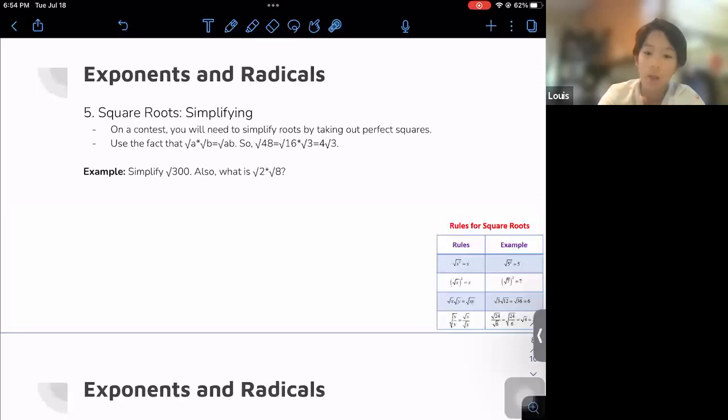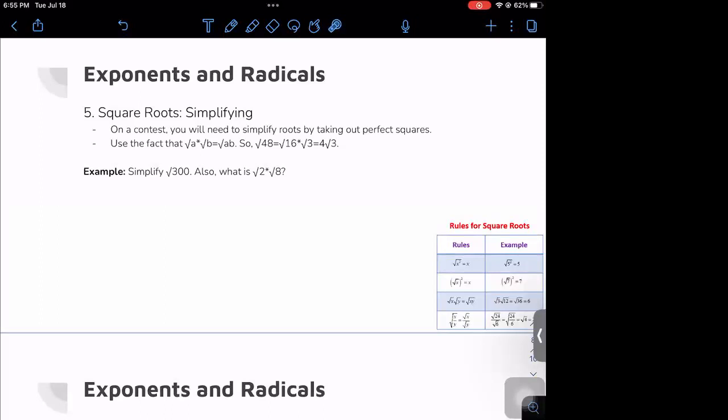Okay, does anyone want to share the solution for this problem? These two problems? Go ahead, Finley.